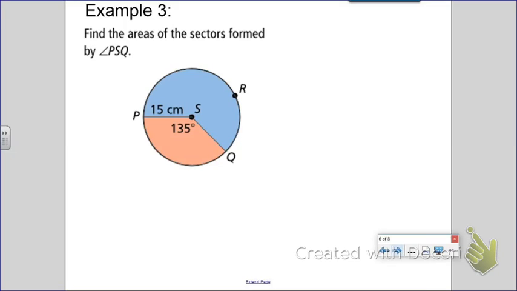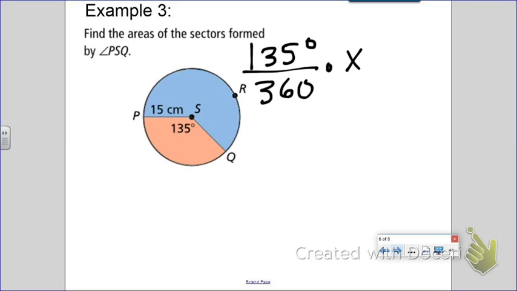In our next example, find the area of the sector formed by angle PSQ. So we take 135 degrees over 360 and multiply that by pi r squared, so pi times 15 squared.